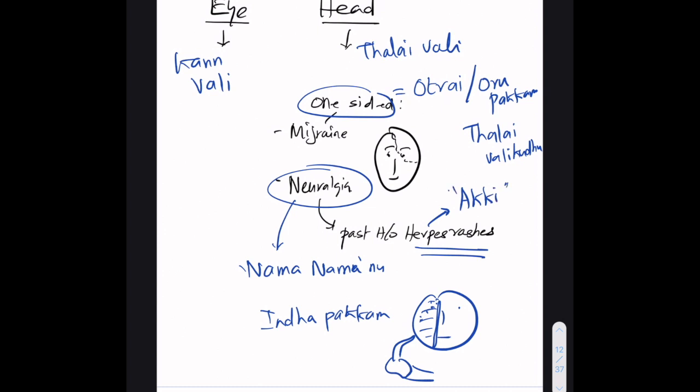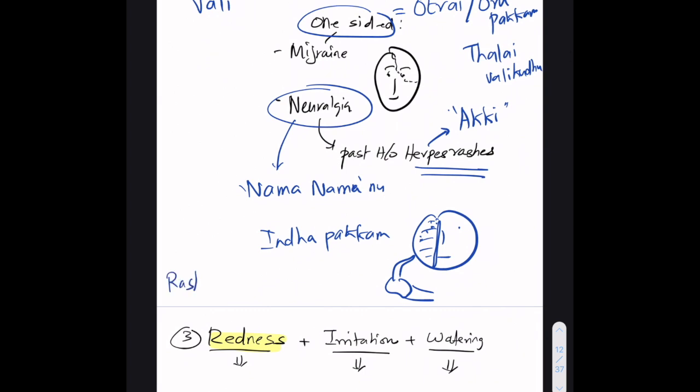Rashes in general means "tol punnu", tol meaning skin. "Tolla punnu irundhucha" means skin rashes. More specifically, herpes rashes means "akki poticha".